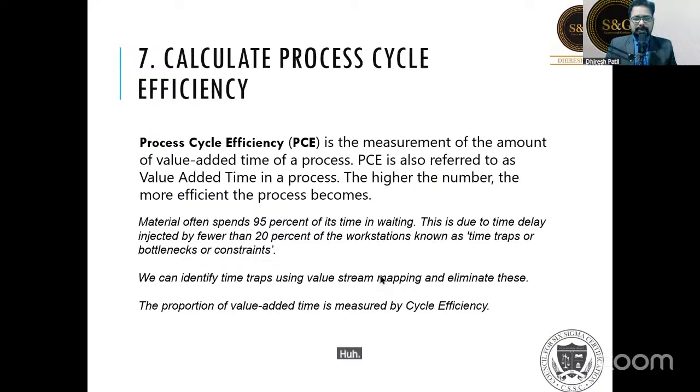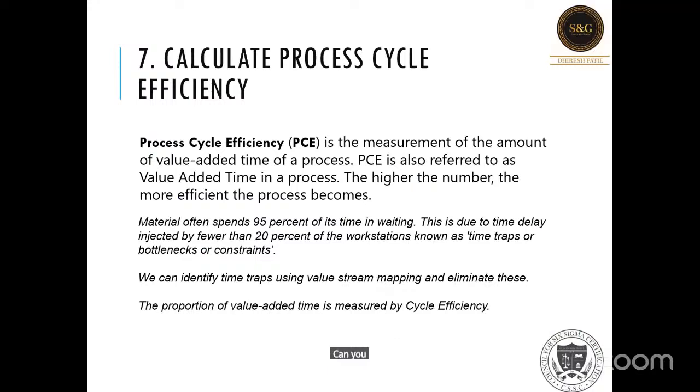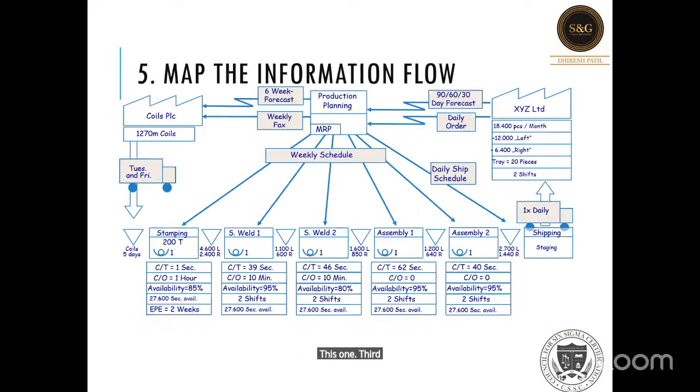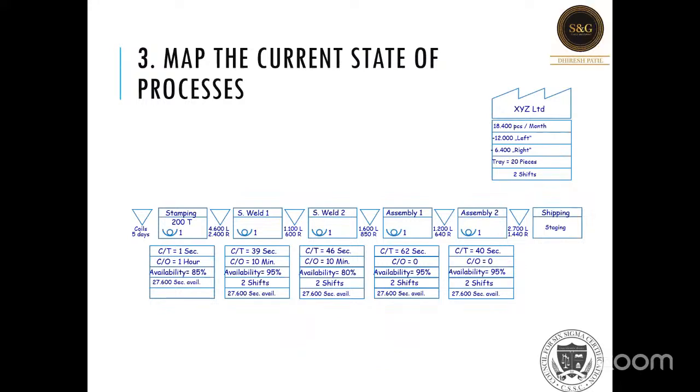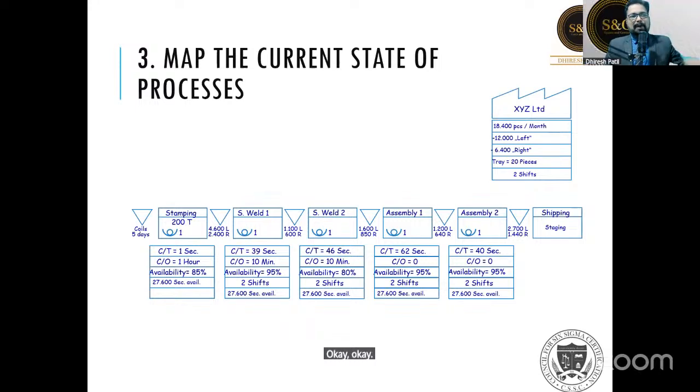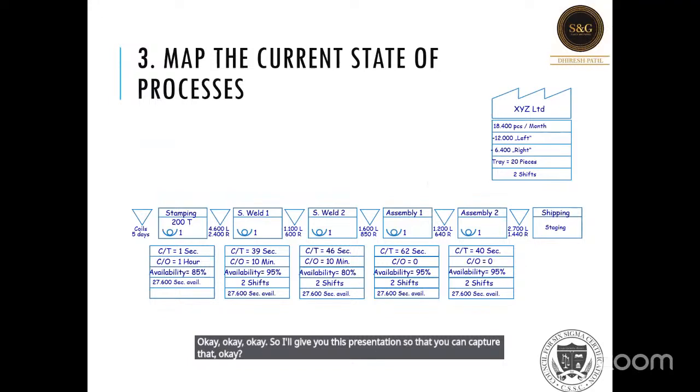Can you go to the third one? Okay. Yes. This one. Okay, I missed it. Okay, thank you. Got it. So I'll give you this presentation so that you can capture that. Okay, thank you.